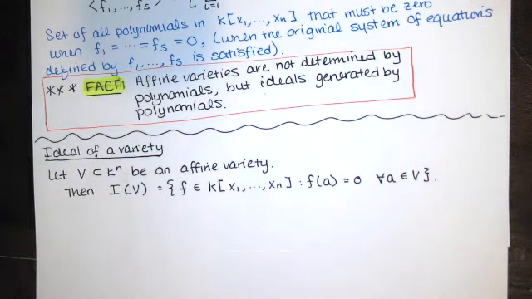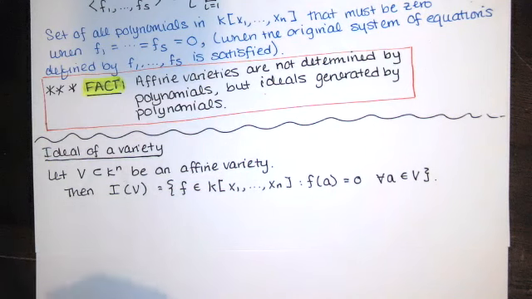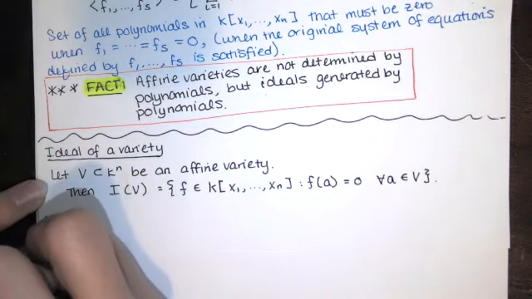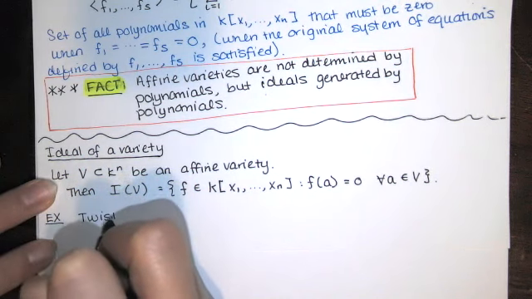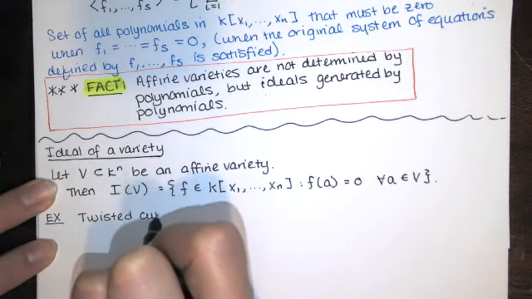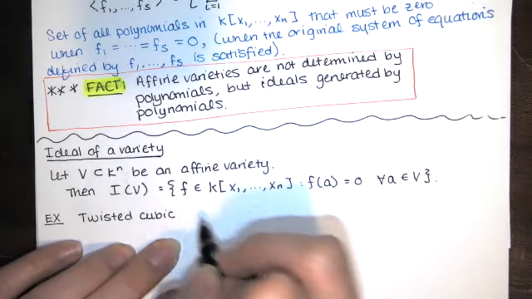If you're saying, what? Let's examine this a little bit further. It's easier if we look at a concrete example. Remember we talked about the twisted cubic? It turned out to be a curve in three-dimensional space.